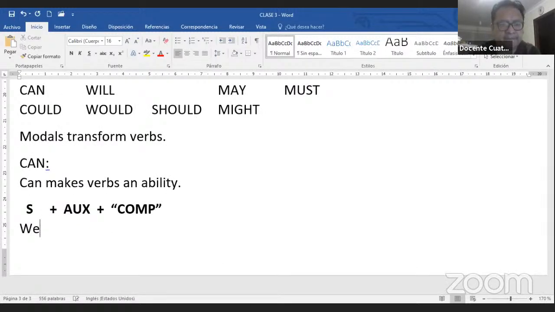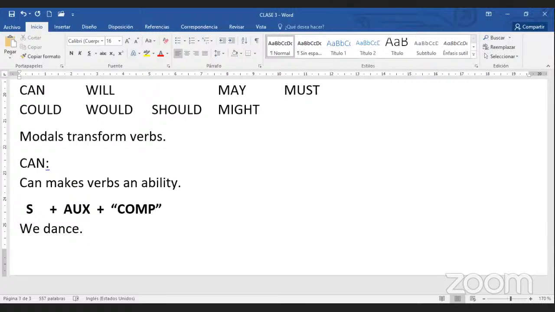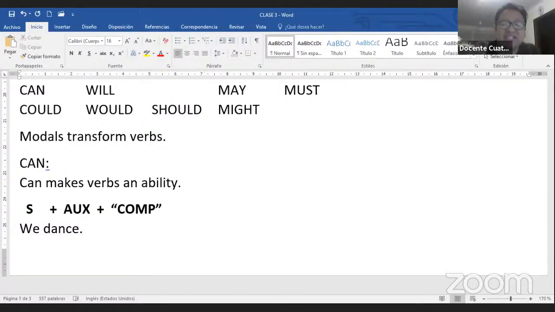This is not a modal sentence. It's just any sentence. We dance. Gabby, what's the meaning of this sentence in Spanish? We dance. Nosotros bailamos. Very good. Simple word. This is an action verbs sentence, because dance is the action.